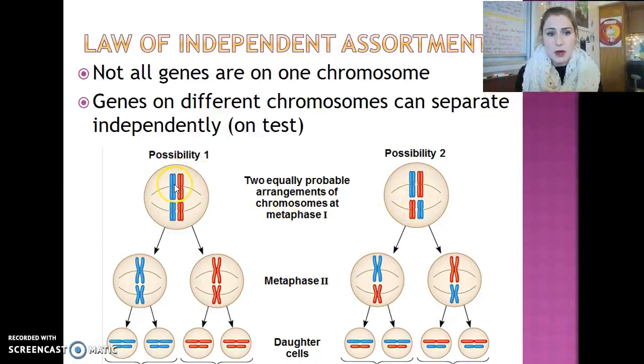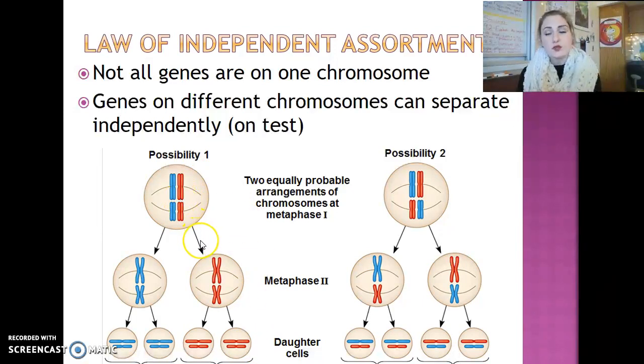For the first one, blue being chromosomes I got from my father, red being chromosomes I got from my mother. If we only look at two chromosomes here, this individual starts out with 1, 2, 3, 4 chromosomes, and then we become haploid. So we start out diploid, then we become haploid, only having 2 chromosomes.